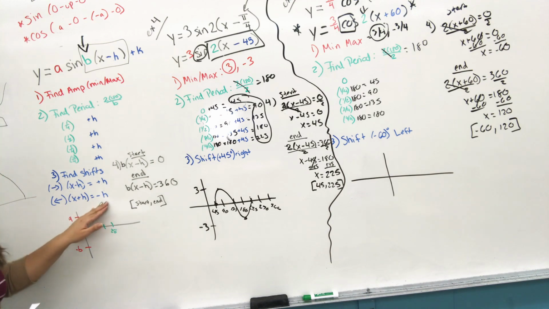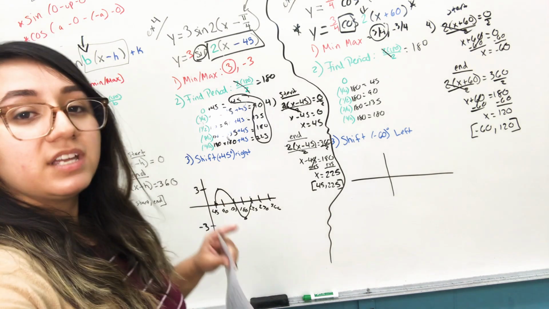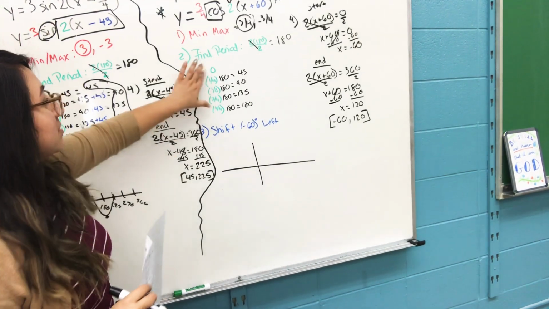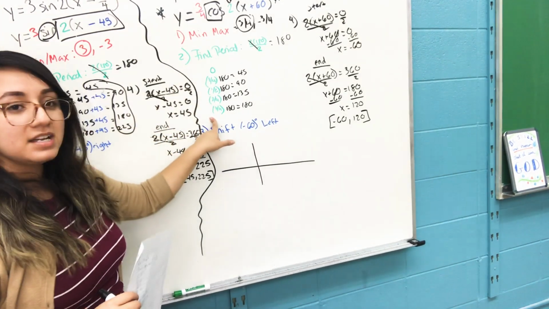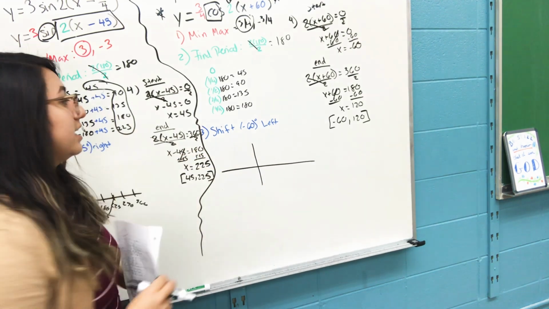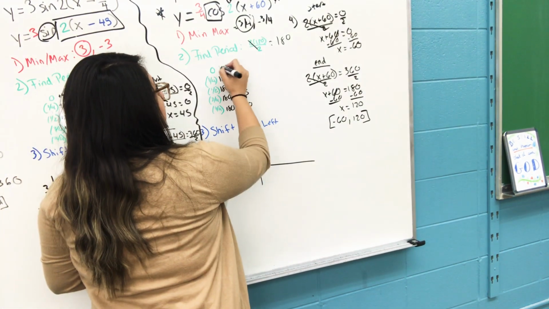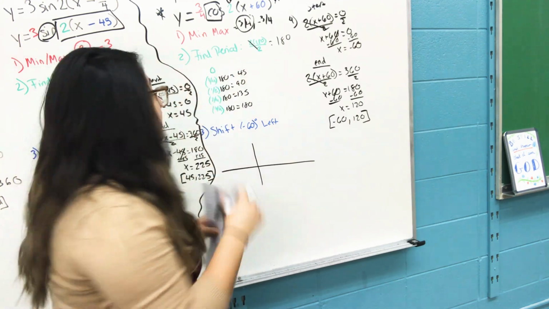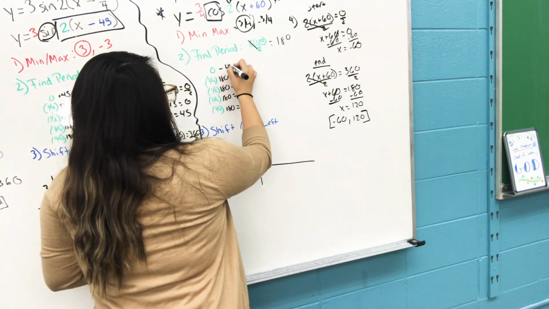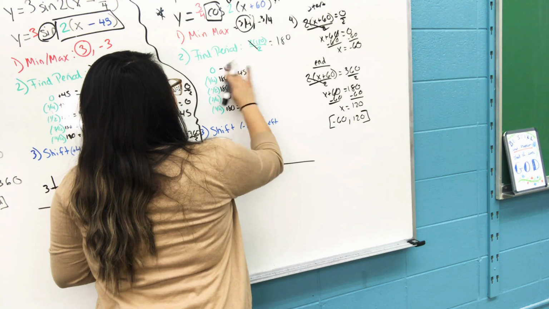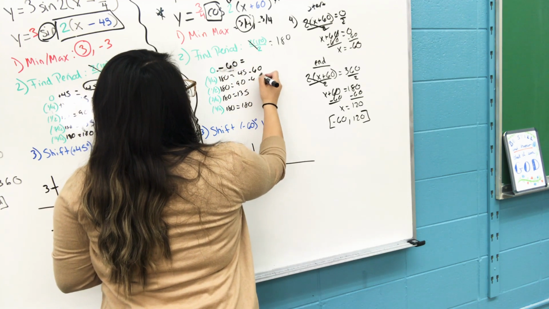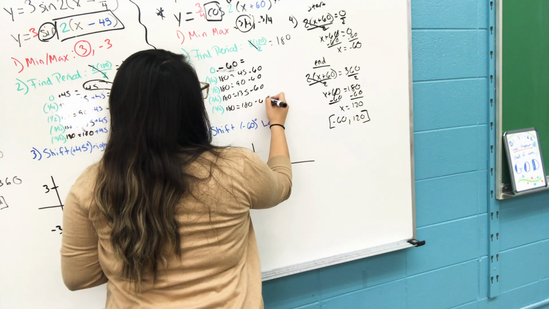That means you're subtracting every factor by whatever you're shifting. So here, I am shifting 60 units. Remember, we always start at 0. I just put the 0 up there because it keeps in mind that I have to start at 0. So now you're subtracting 60 from every factor here.